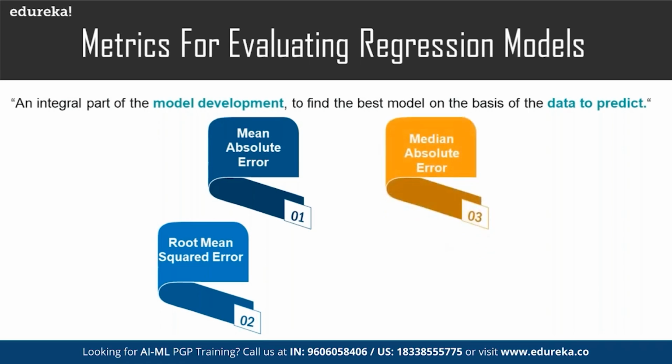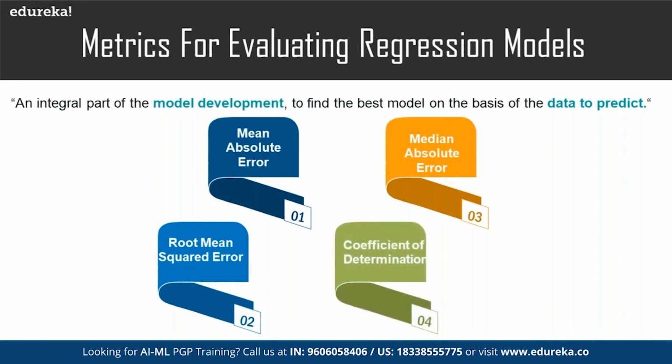Median absolute error is also important, but we don't usually use it as frequently as RMSE and MAE. And the coefficient of determination, otherwise called R squared, is also used very much, but let me go ahead and talk about RMSE, because that is predominantly used in the industries.